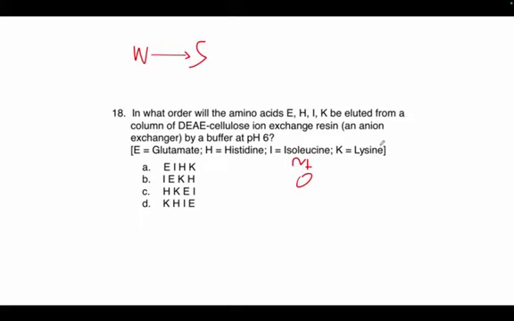Lysine has an ionizable side group. Okay, it has an amino group which is going to ionize, so it is going to be NH3 plus at pH 6. So lysine is going to carry a strong positive charge at this pH. Okay, pK of this is somewhere around 10, 11, 12. Okay, this is not going to dissociate at pH 6.